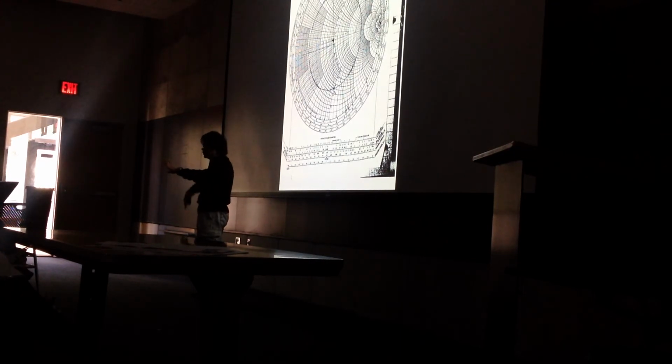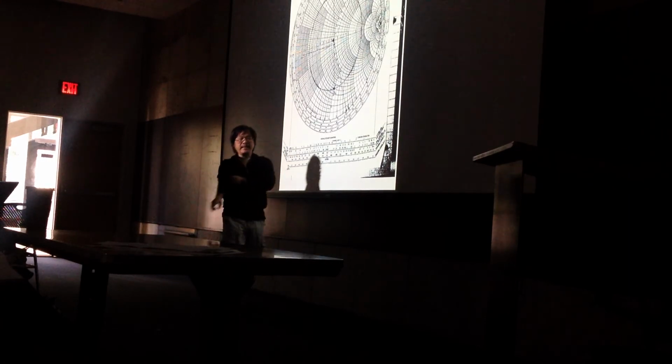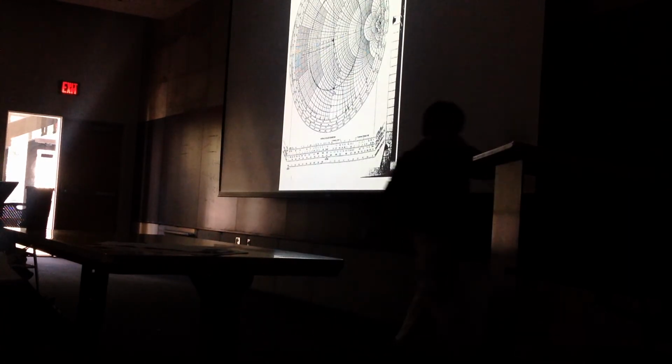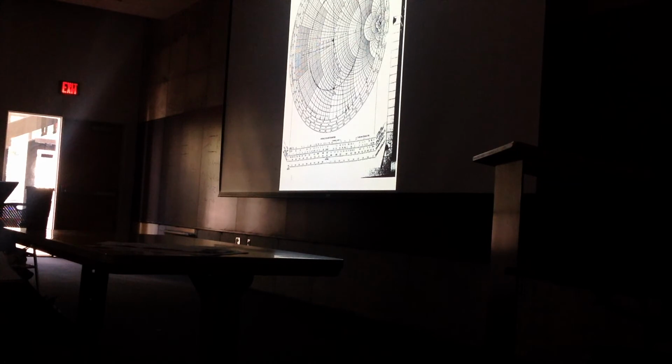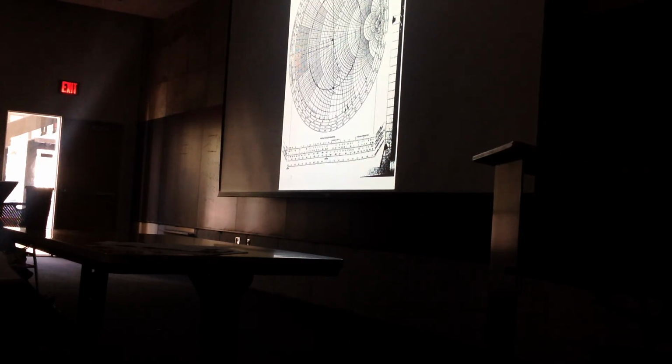Again, the constant circle. So short circuit, impedance will be this point, admittance will be this. So this corresponds to the short circuit, where the admittance will be equal to infinity.